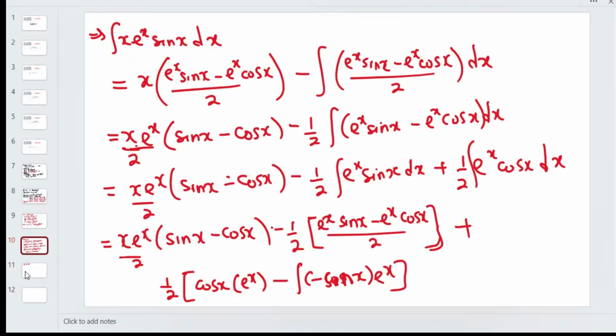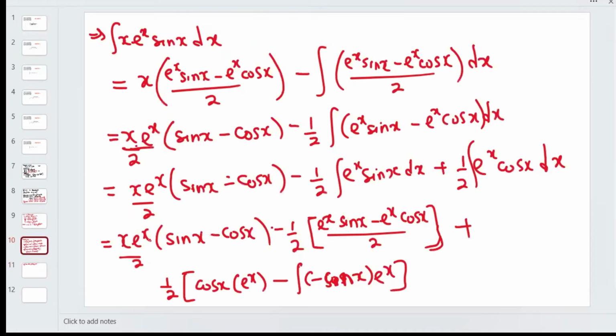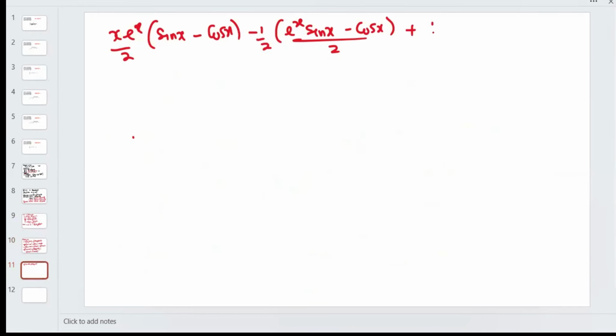Then minus half that again, minus half exponential sine x minus cos x over 2, right? Then plus half.